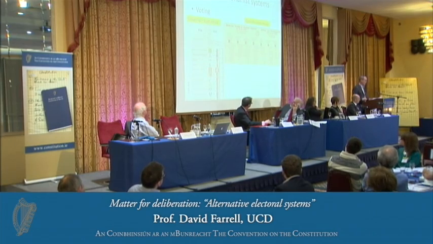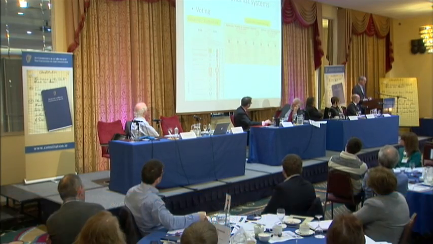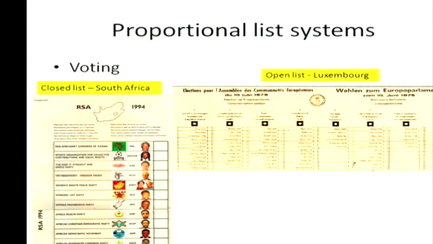So your focus is on what's going on inside your party rather than what's going on inside the constituency. The other extreme is Luxembourg, where you can take that option like you have in South Africa and just say you're only going to vote for the party of your choice, so you tick the little black box at the top there, or you can vote preferentially for candidates from all of the parties.